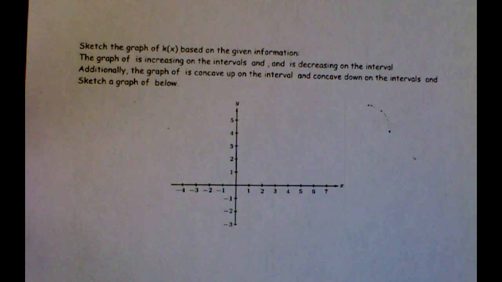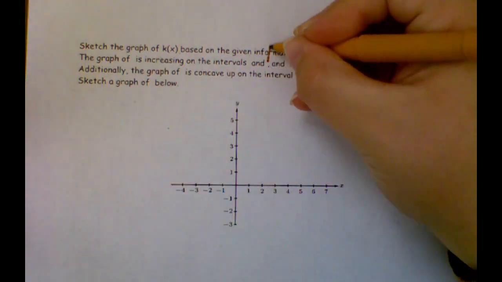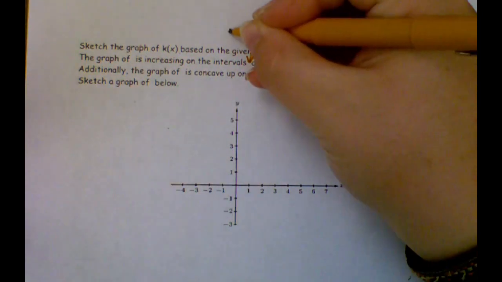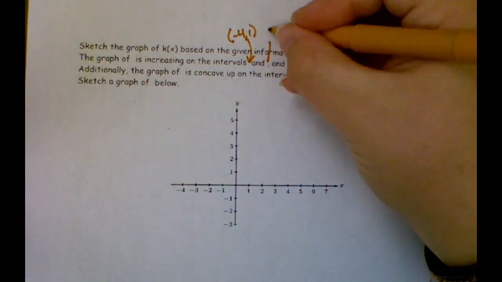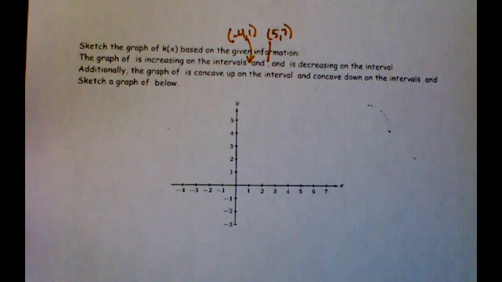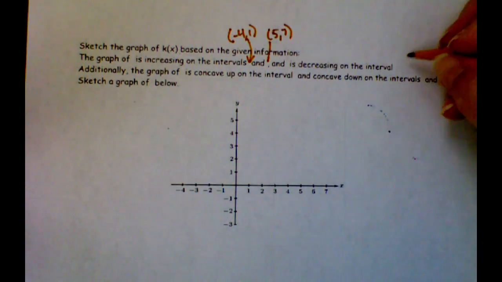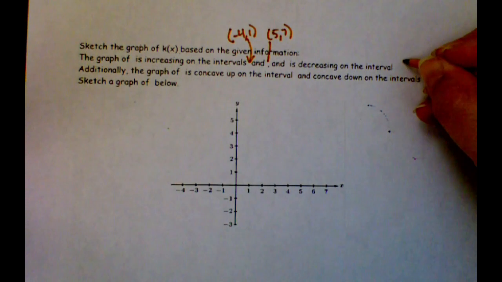And the very last thing we're going to do here, we are going to sketch a graph using some given information. The graph is increasing on the intervals, you can't see those. So what those intervals actually are, we are increasing on the interval, first one is -4 to 1, and the second one is 5 to 7, and is decreasing on the interval 1 to 5.